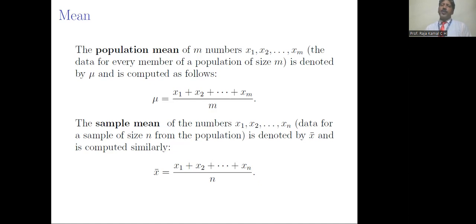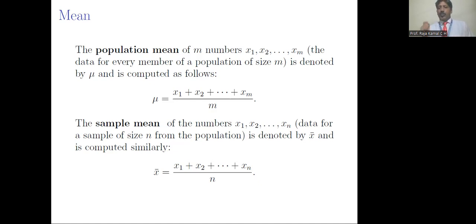So when the total population is small and you want to find the mean value of the total population, you can use the formula mu. Total population mean is represented with the symbol mu. Mu is equal to x1 plus x2 plus so on, total values, divided by m.